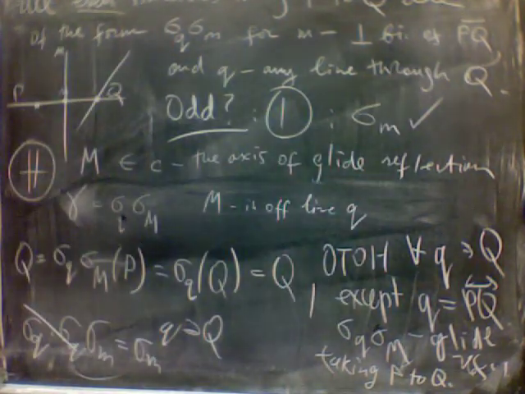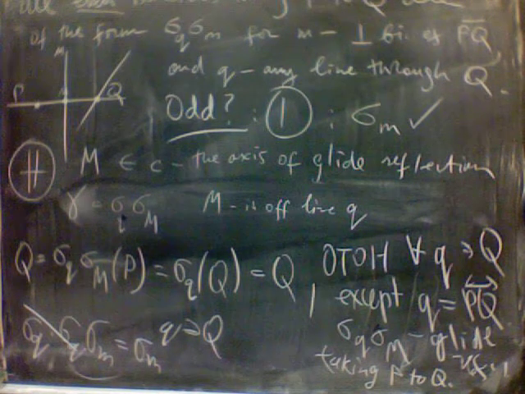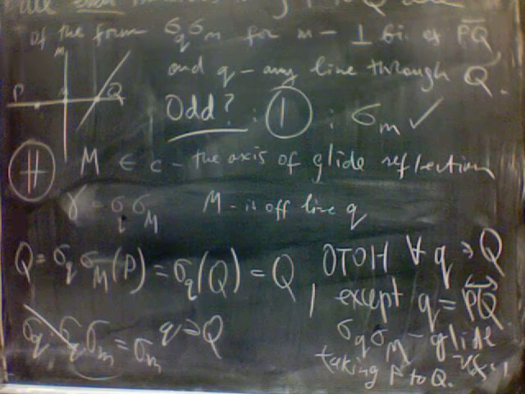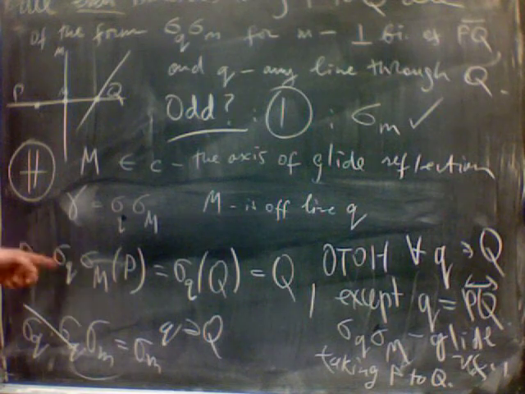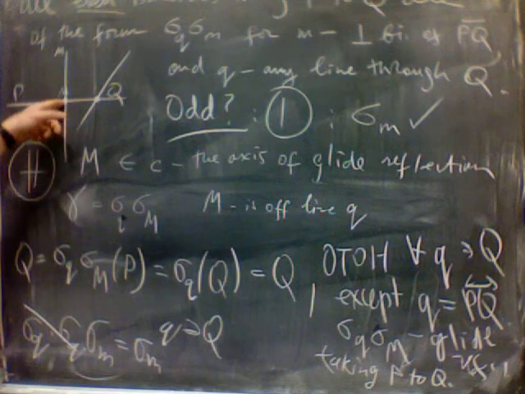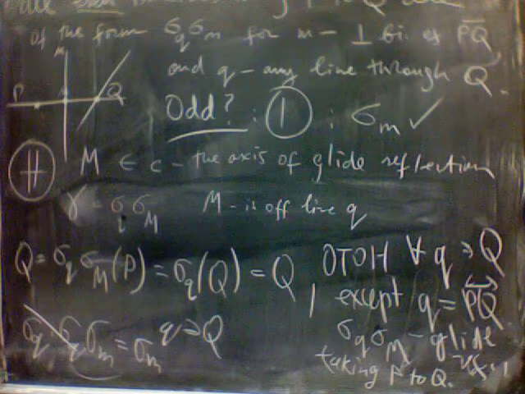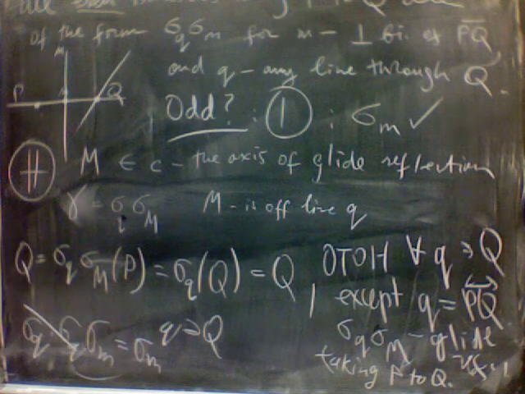So all odd isometries thus will be exactly of this form for any line q. When q does not pass through M, the midpoint, we have a glide reflection. When it does pass through M, we have a reflection.